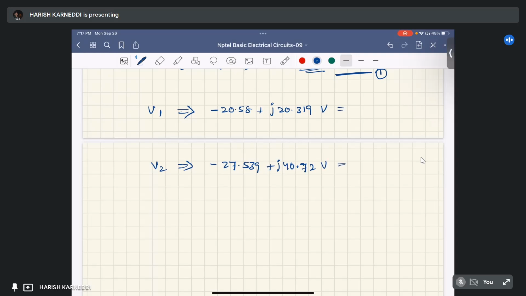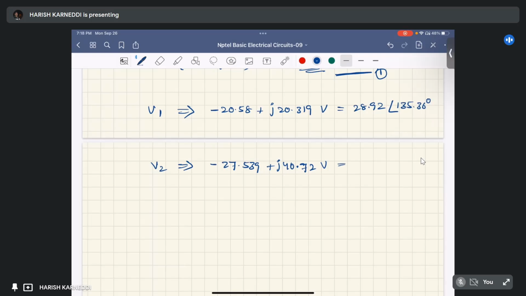Representing V1 in complex form, minus 20.58 plus 20.319 J equals 28.92 at an angle of 135.36 degrees.